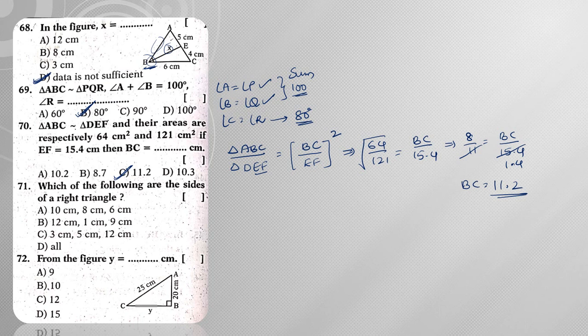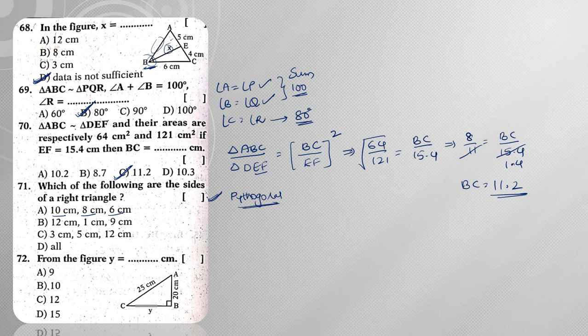Likewise we can consider. Next, which of the following are the sides of a right angle triangle? If the sides are of a right angle triangle, it means they should follow the Pythagoras theorem. Now if you observe, 10 square is equal to 8 square plus 6 square. 8 square is 64, 6 square is 36.